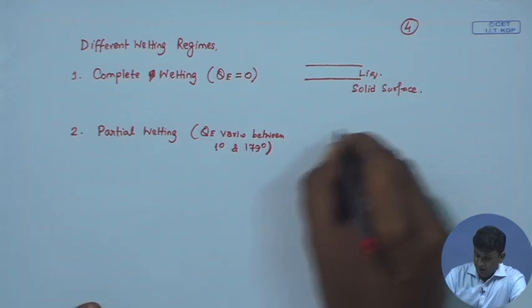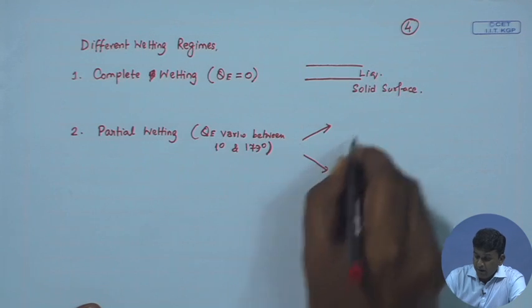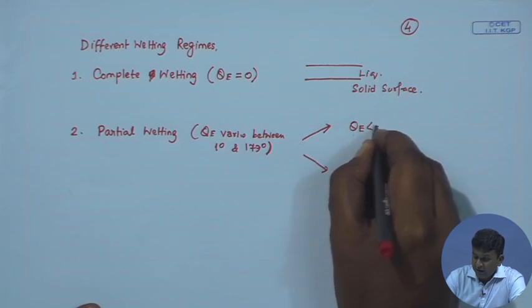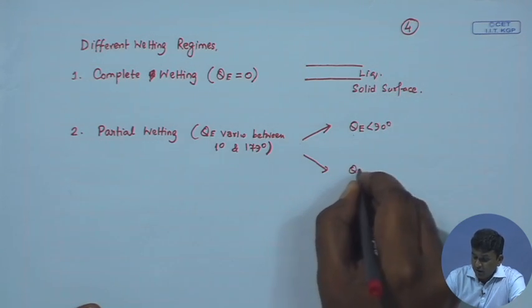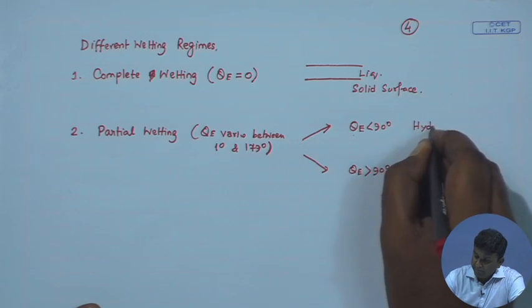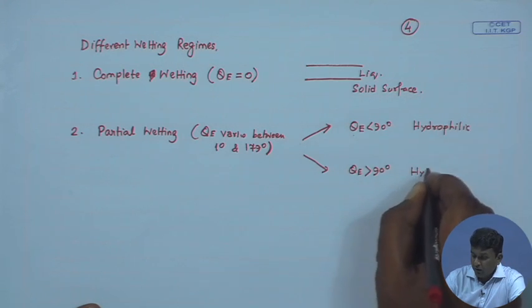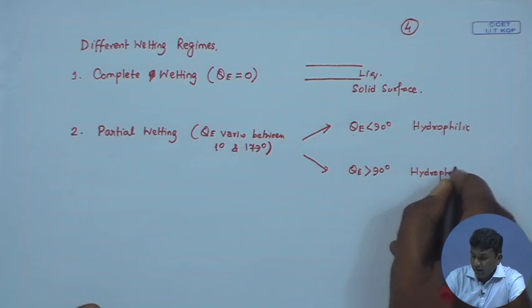And here, if the liquid is water, depending on whether theta e is less than 90 degrees or more than 90 degrees, you term a surface to be hydrophilic or hydrophobic.